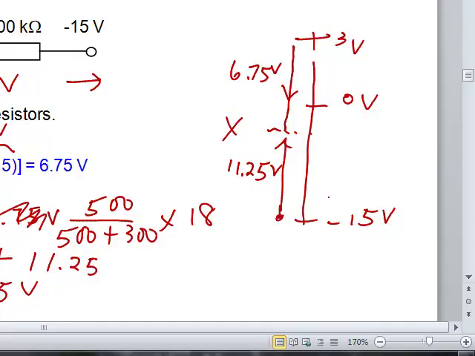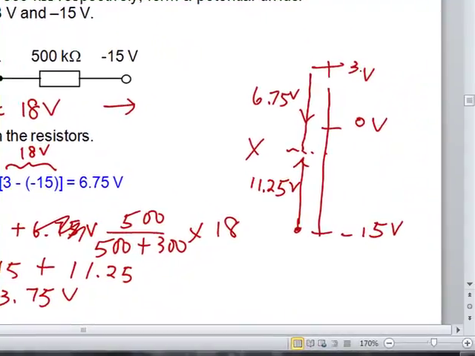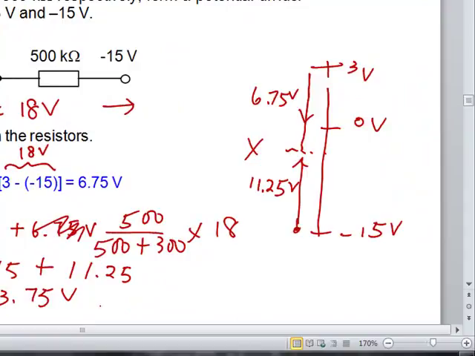Okay, so this calculation is obtained from subtracting 6.75 from 3 volt. This answer is obtained from adding 11.25 volt to minus 15 volt, but it gives you the same answer.